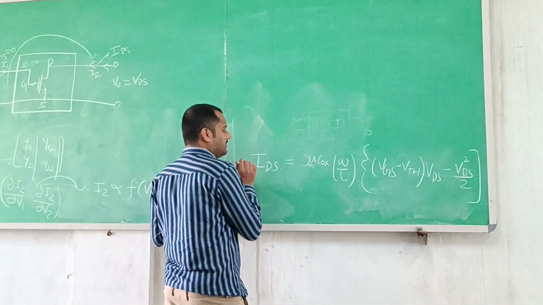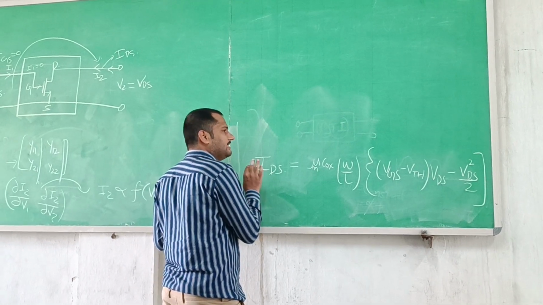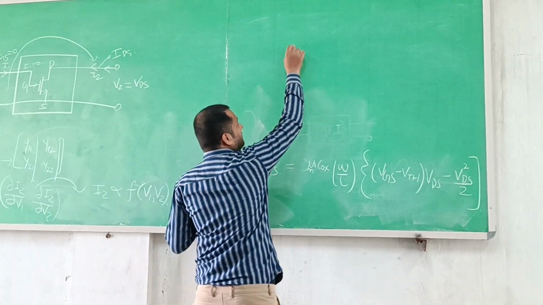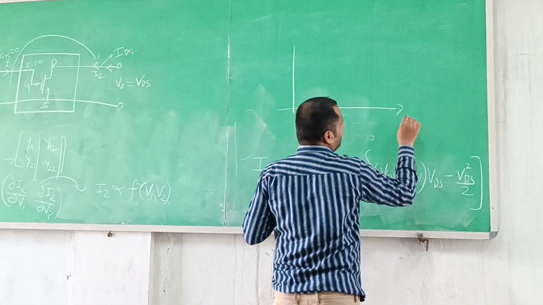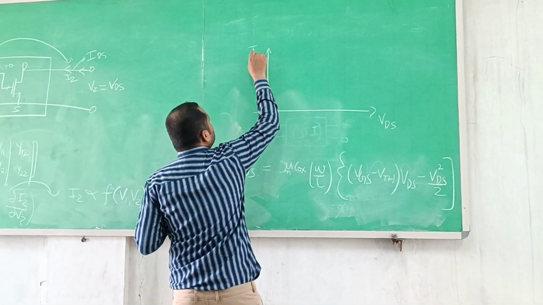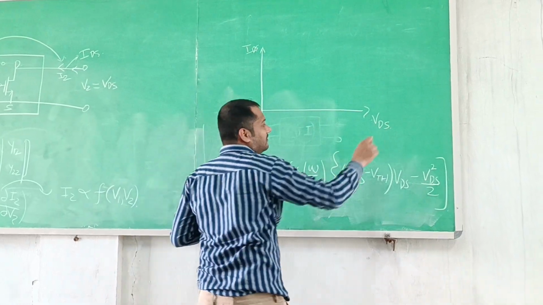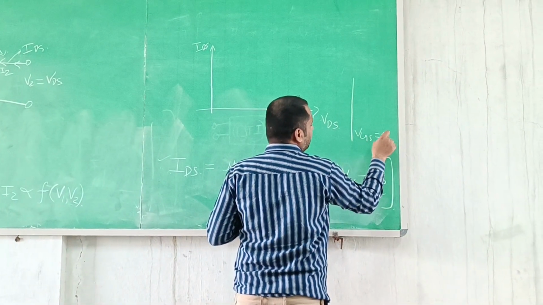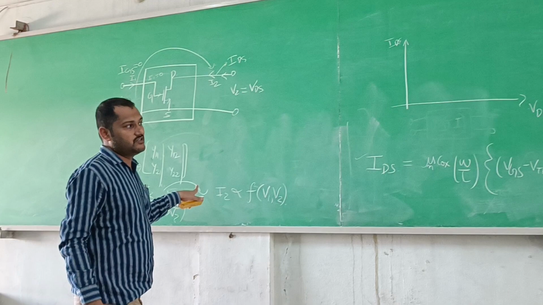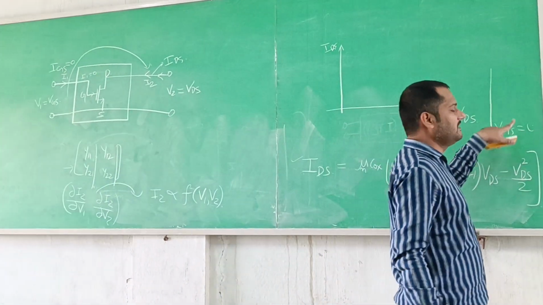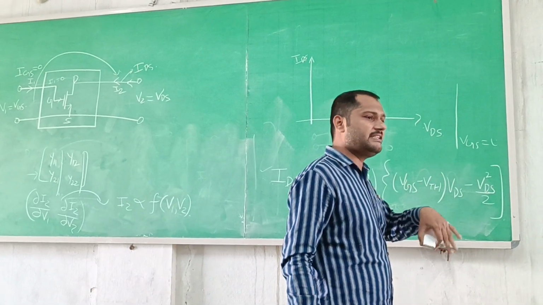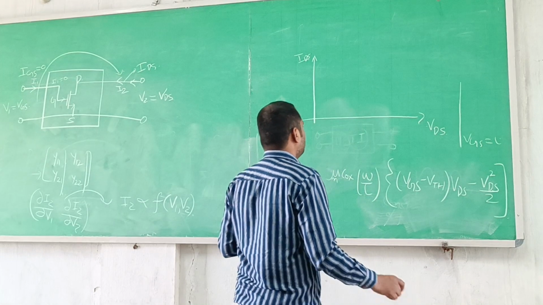So suppose this equation is perfect, and we draw the output characteristics, V2 versus I2, VDS versus IDS, for constant VGS. We take V1 constant, then for different VGS we change the value.